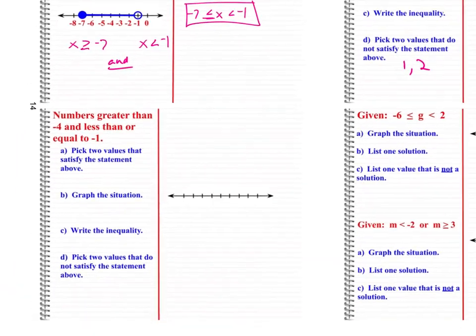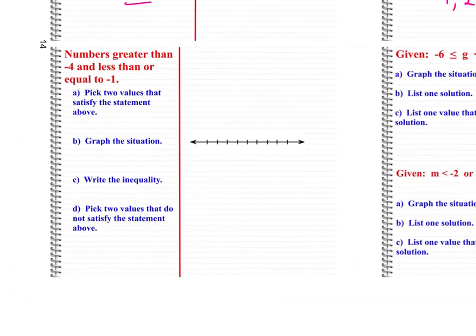Let's go down to our next one. This situation says numbers that are greater than -4 and less than or equal to -1. Let's again draw our number line: -4, -3, -2, -1, 0, 1, 2, 3, and so on.